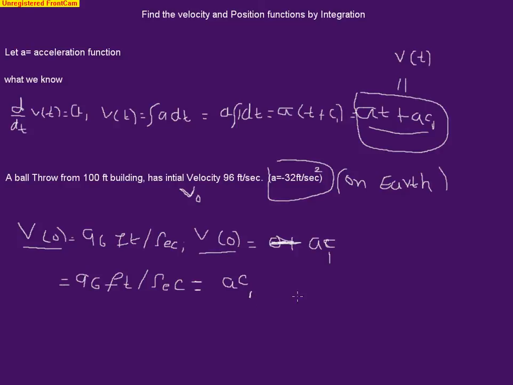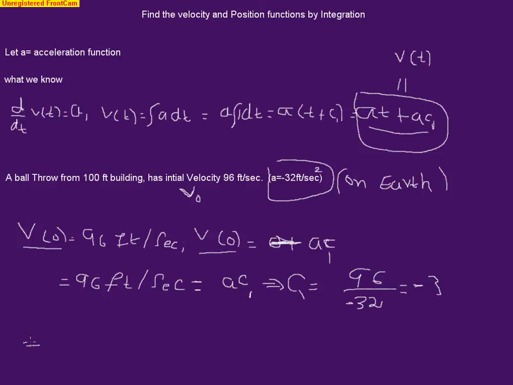So to find c1, the constant, we would have 96 divided by 32. Actually, it's negative 32 since it's dropping down. So acceleration is negative 32. When you calculate that, you would get negative 3, and that would be the constant.